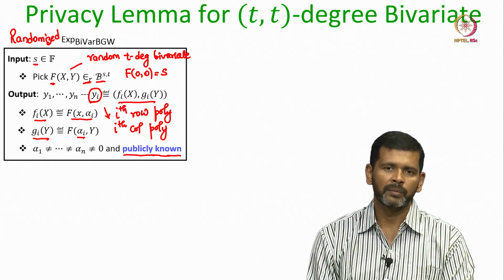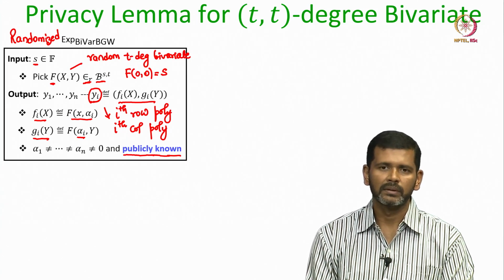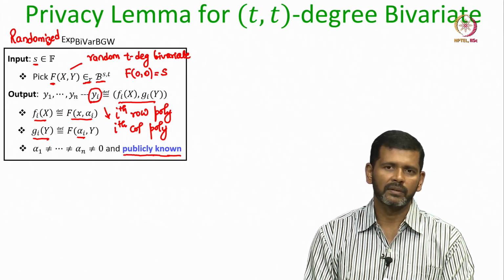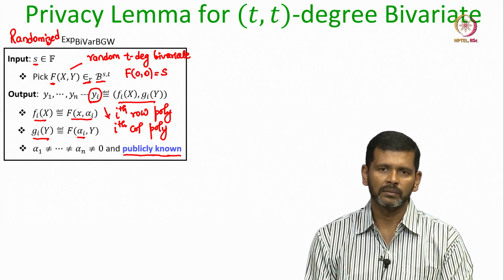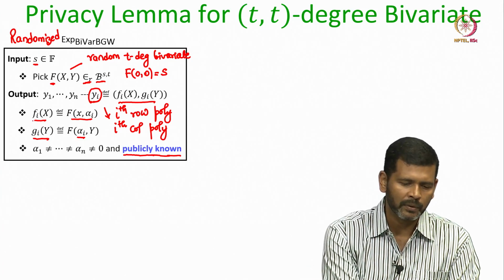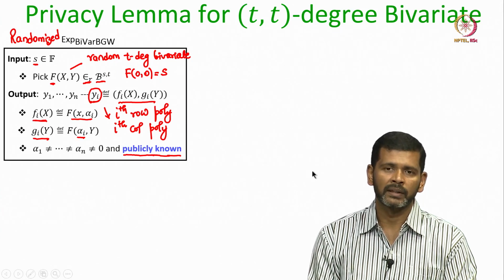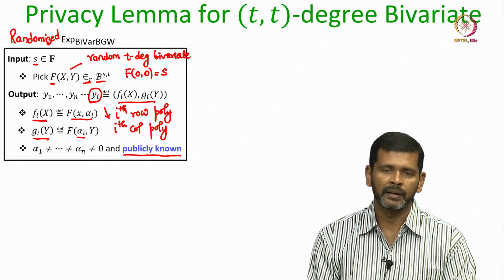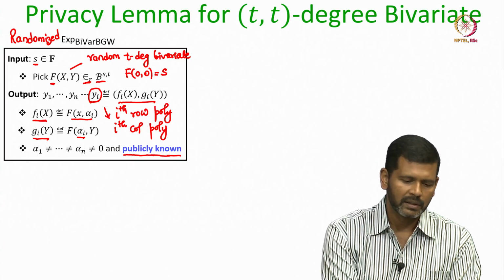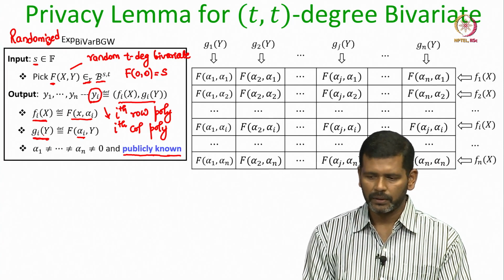The ith row means the points in the ith row, and the ith column means the points along the ith column, and all the values along the ith row of that matrix lie on a t degree univariate polynomial which we denote as f_i(x), and all the points along the ith column also lie on a t degree polynomial g_i(y).